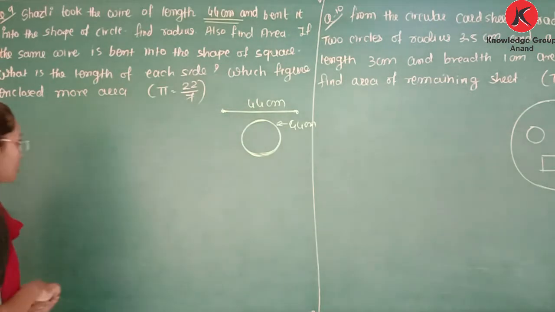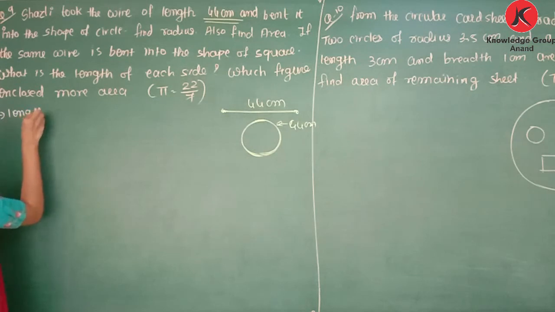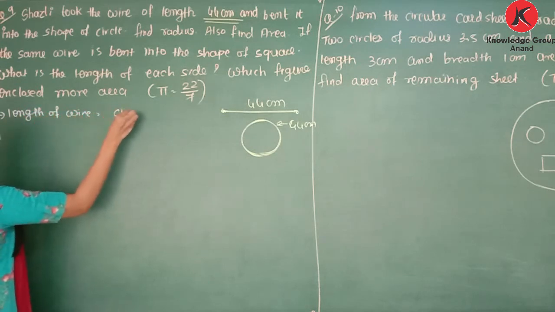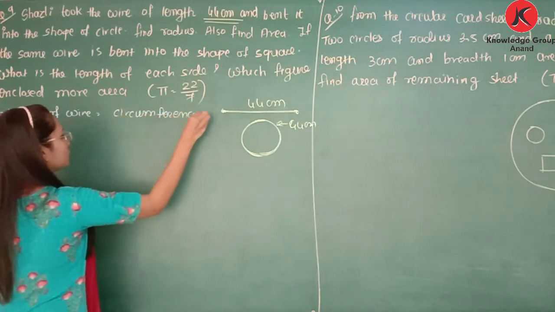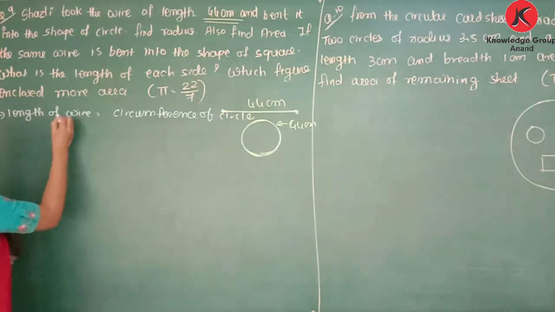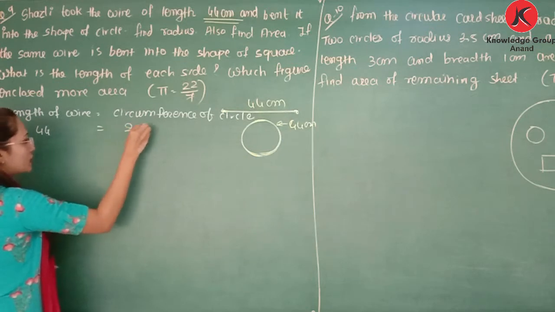So we can write length of wire is equal to circumference of the circle. Here length of wire is 44. The equation for the circumference of a circle is 2 pi r.